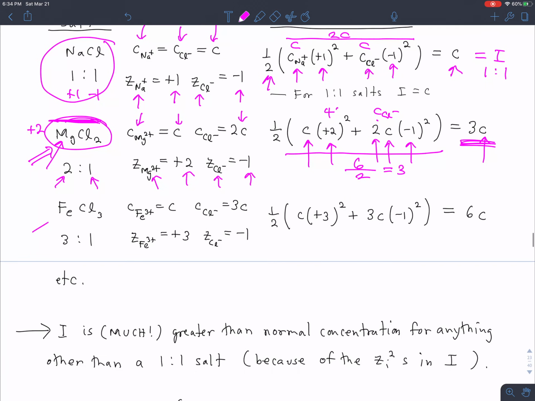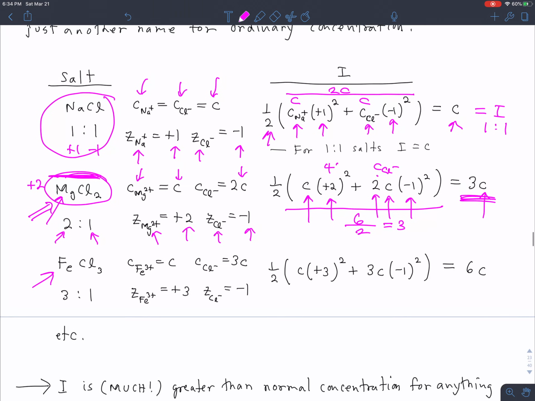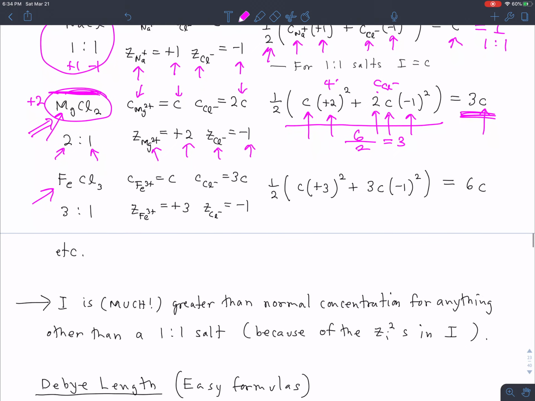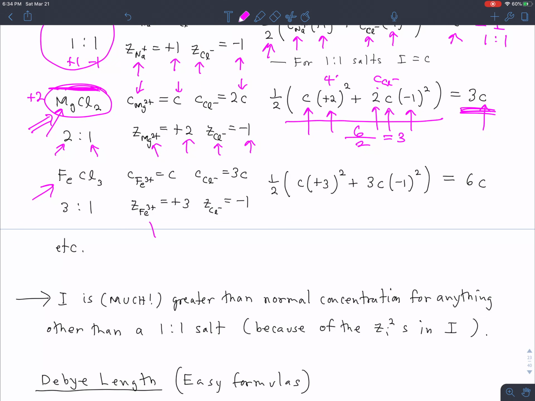If we go to something like iron 3 chloride, then it's even worse. Now the charge on the iron is plus 3. The charge on the chloride is still minus 1. And going through the same logic as before, you've got Z squared for the iron ion, and that's a 9.